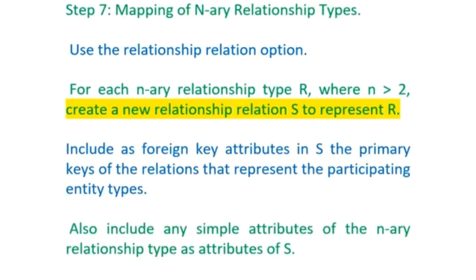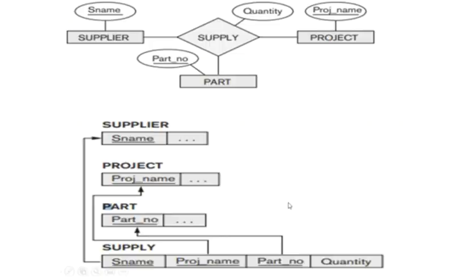And step 7, mapping of n-ary relationship types: for every n-ary relationship type R, whenever the value of n is greater than 2, we have to create a new relation S to represent R. In this example, we have three entity sets connected using a relation, supply.